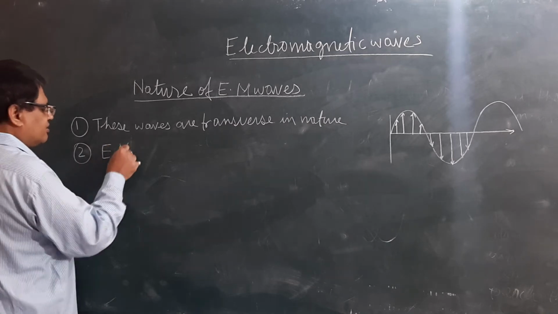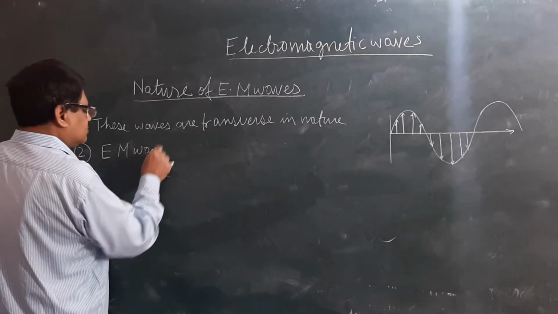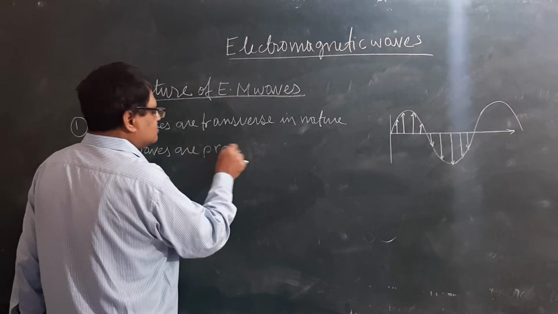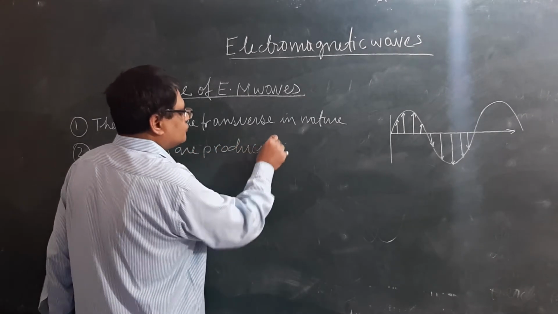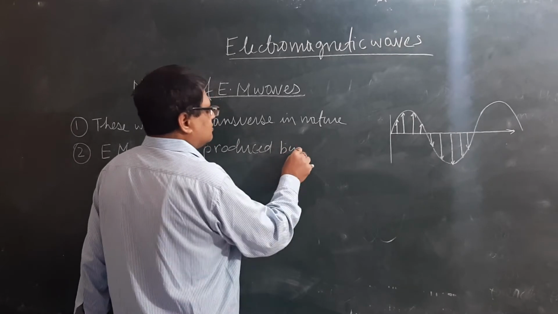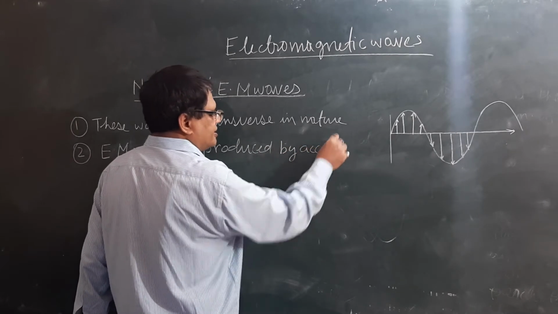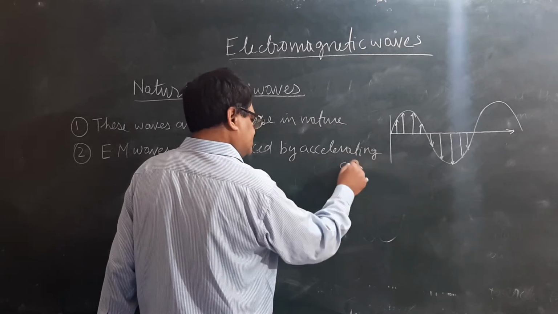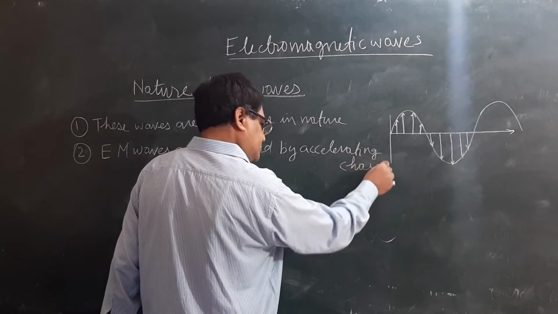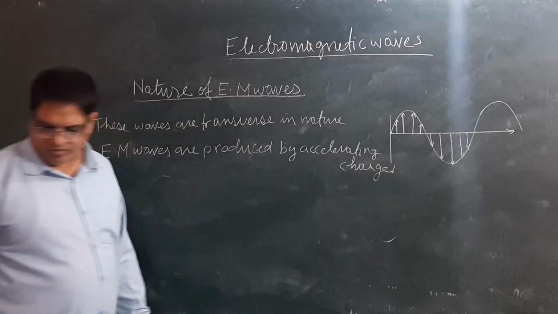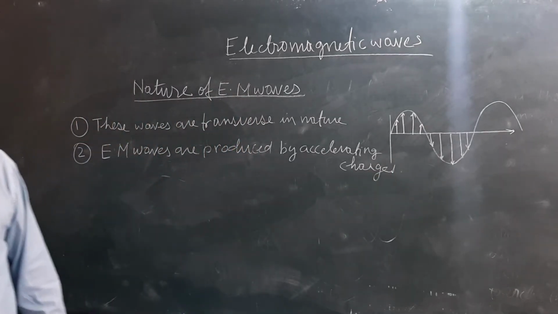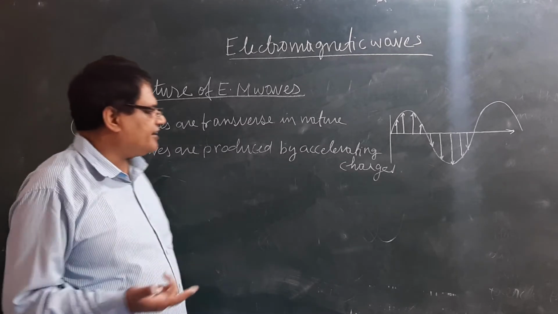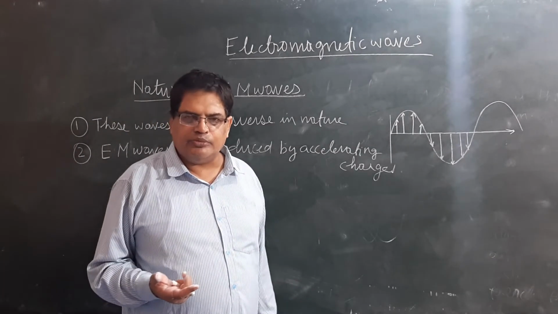Electromagnetic waves are produced by accelerating charges. So this is the other property. Next property is that, as I've told you before, the electromagnetic waves do not require any material medium to travel.